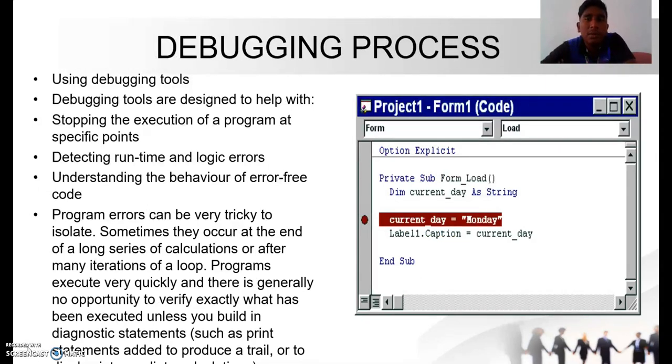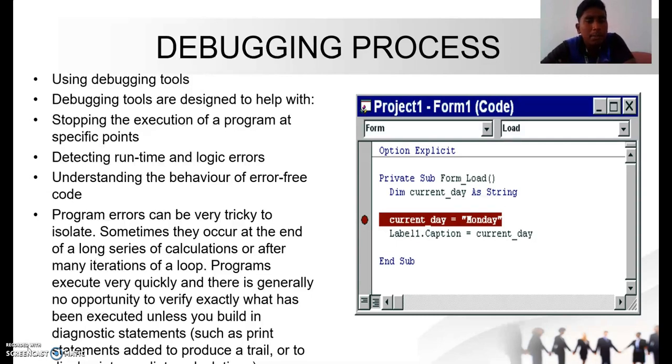Next, the debugging process using debugging tools. Debugging tools are designed to help with stopping the execution of a program at specific points, detecting runtime and logic errors, and understanding the behavior of error-free code.